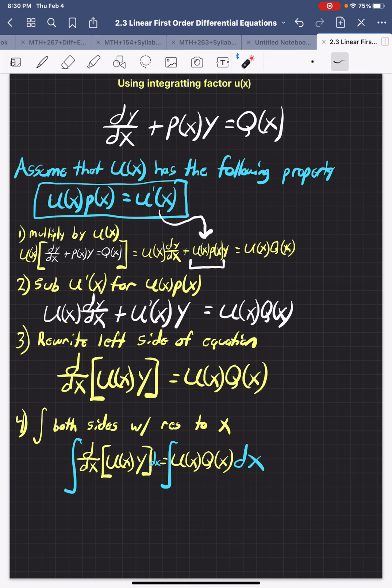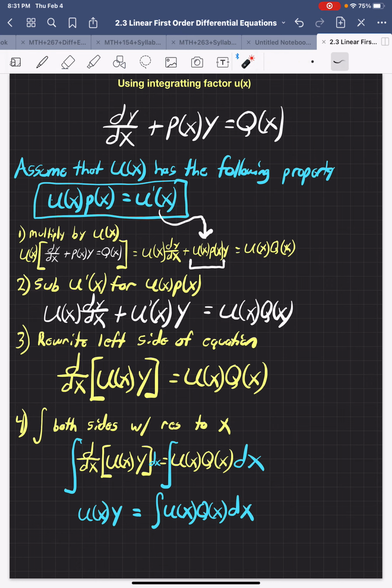If you multiply by 2, then you divide by 2. These inverse operations just undo the previous operation. So what that's going to look like now is you're just going to be left with u of x times y, and we're going to leave the rest of this alone for now.